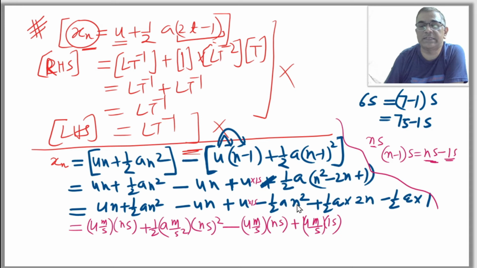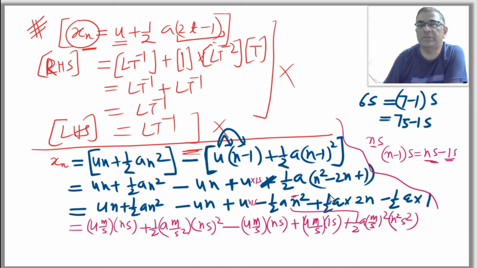Now next, let's see what we have over here. This is half a. The unit of this a is meter per second square, and this is n square, this part. So this is n square s square. Is it okay?